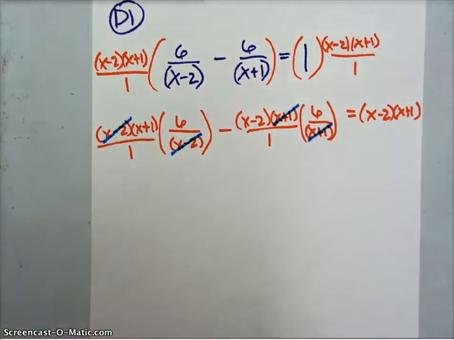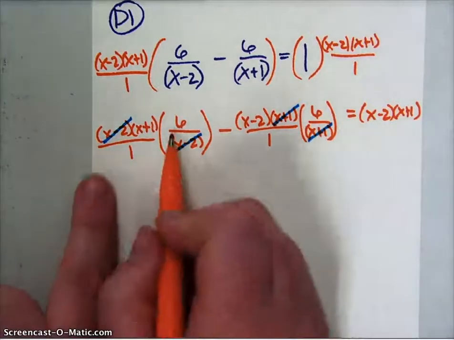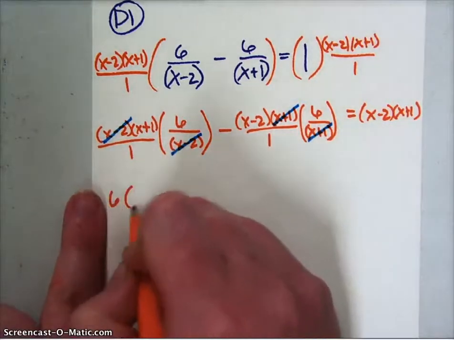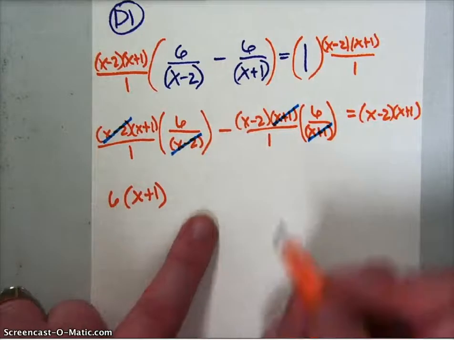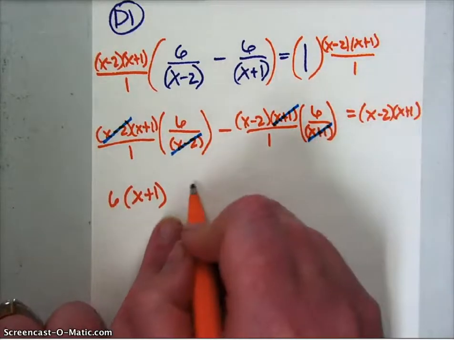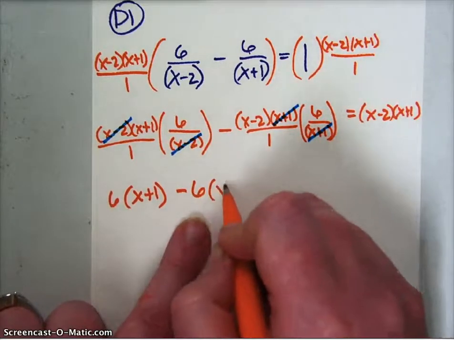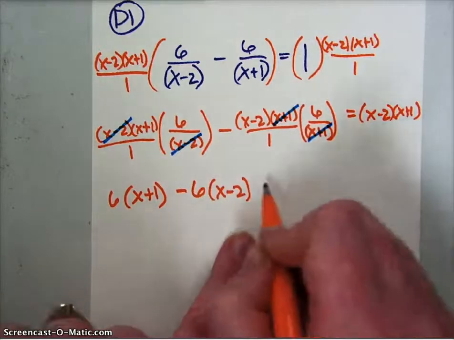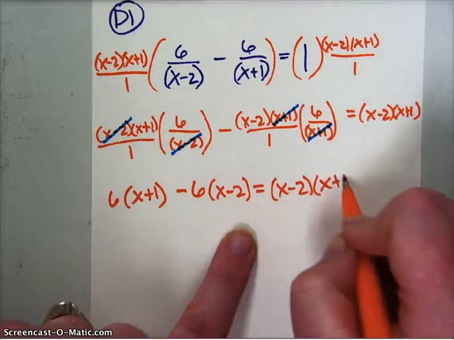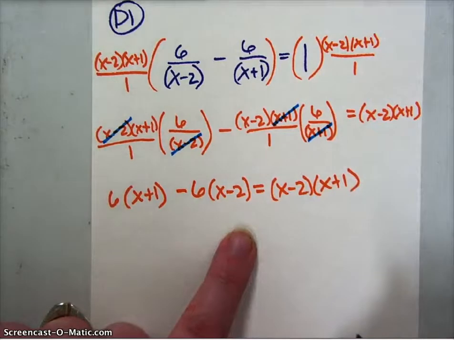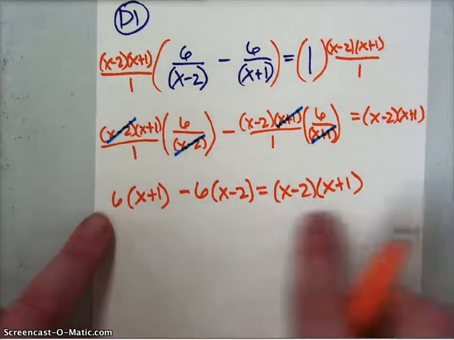So what does that get us? With this first part, we have 6 times x plus 1. And then over here, we're going to have a minus 6 times x minus 2, and it equals x minus 2 times x plus 1. Okay, we've cleared the fractions.